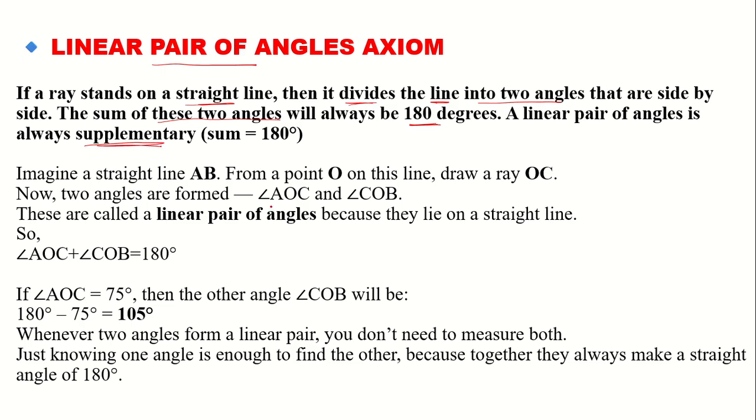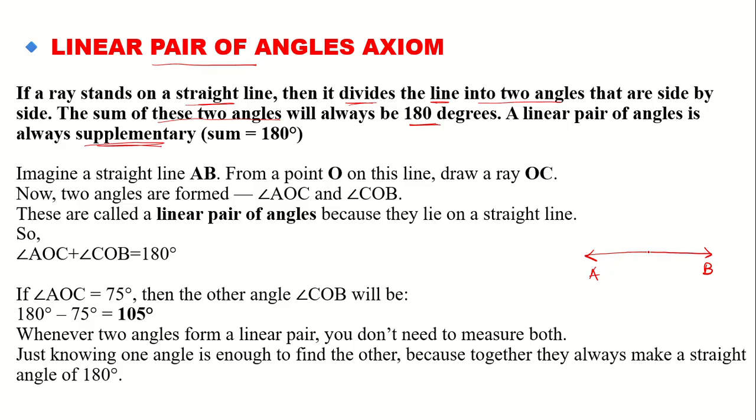Let me explain with a small example. Imagine we have a straight line. Here I'm considering a straight line and naming it AB.